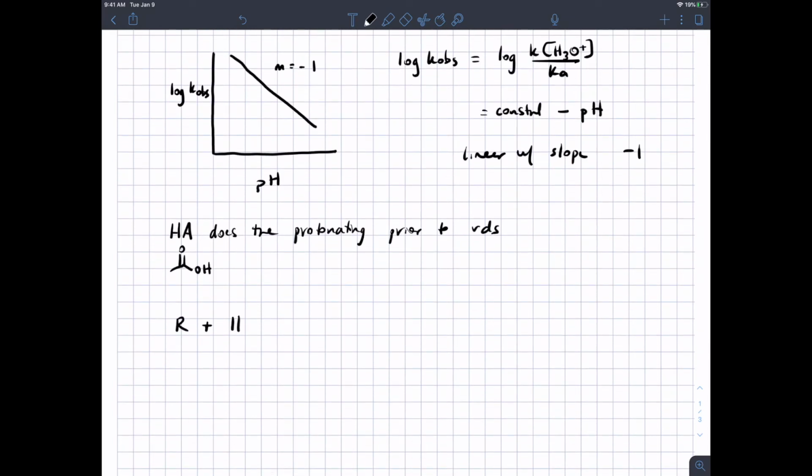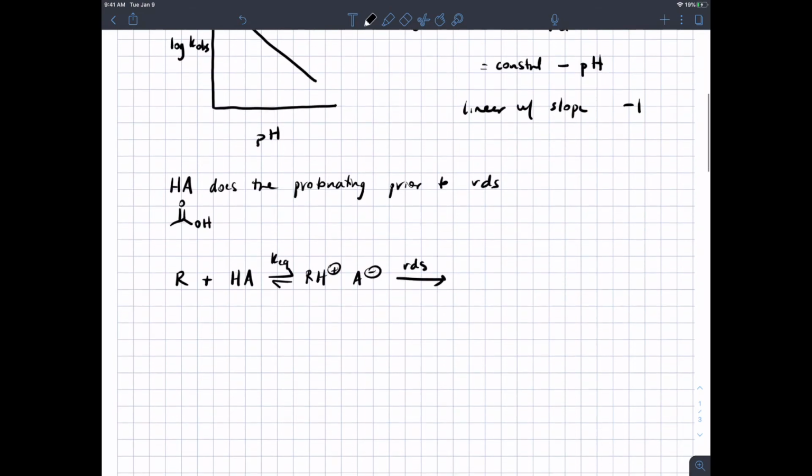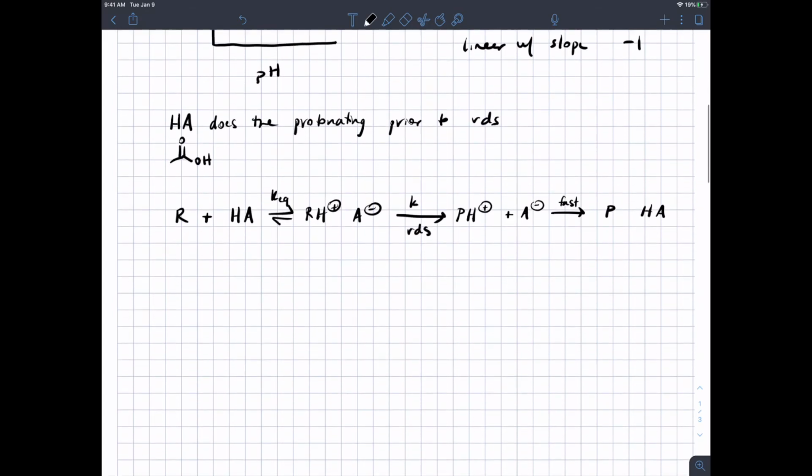So let's just set up the same equilibrium where we protonate our starting material and get the conjugate base of our acid. Then in a rate determining step with rate constant k, we generate protonated product, which then reacts quickly with the conjugate base of our acid to generate product and regenerate our acid catalyst.